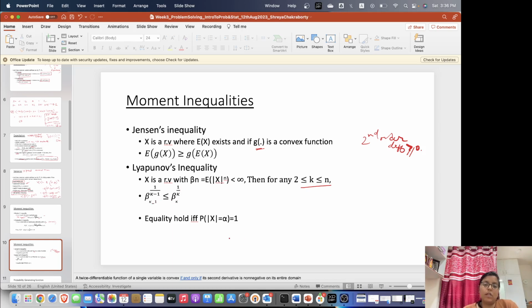Equality will hold if and only if probability x equal to some constant alpha is 1. That is, equality will only hold when x is a constant.